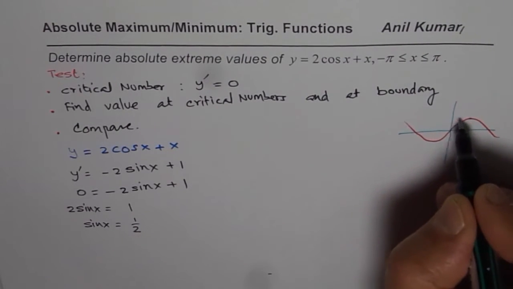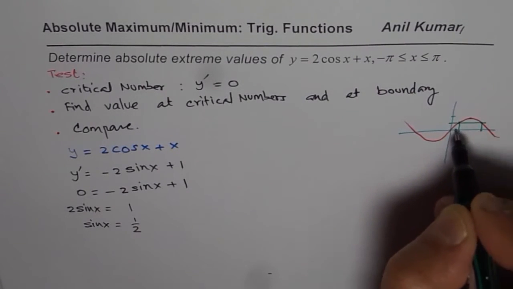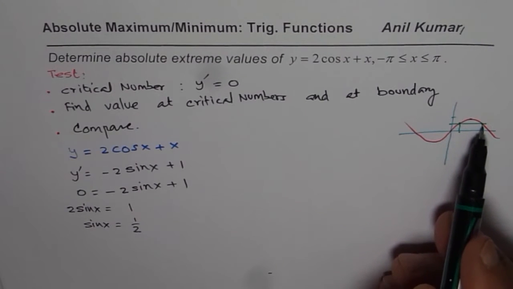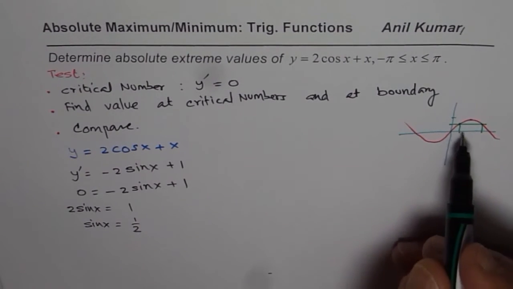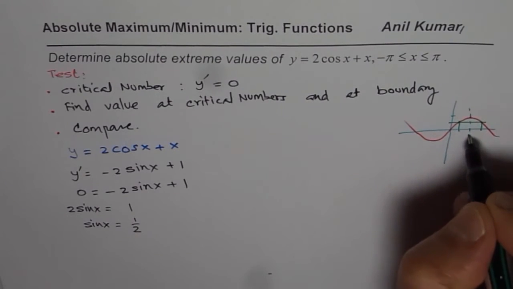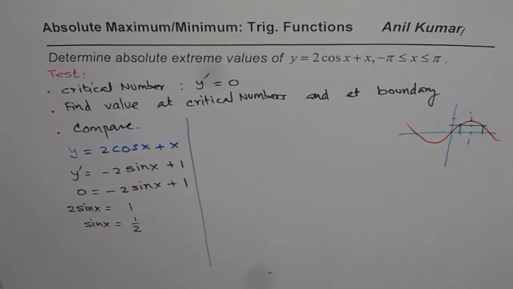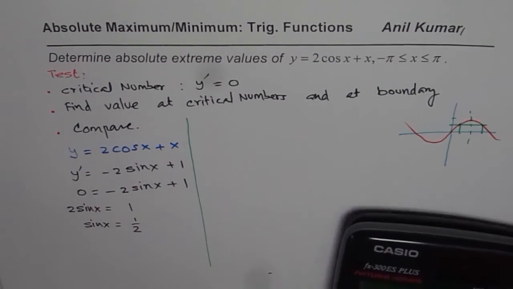Let us say this is 1, half is somewhere in between. So we have these two points in this interval where sin x is half, right? We need to find what these values of x are, correct? That is what we need to find.